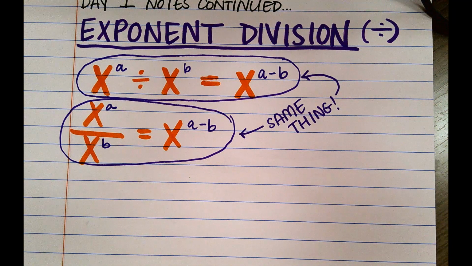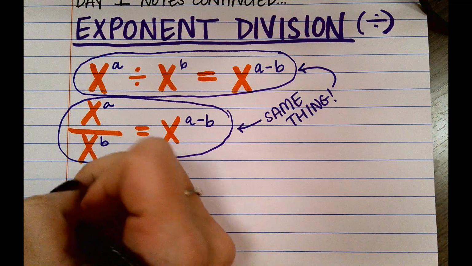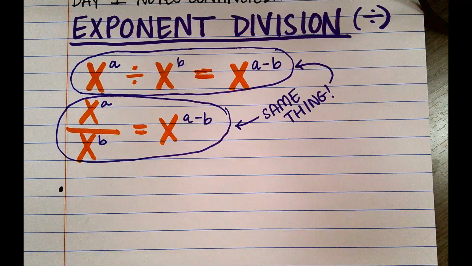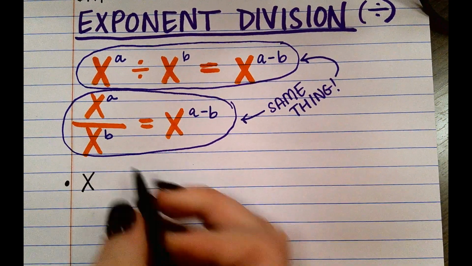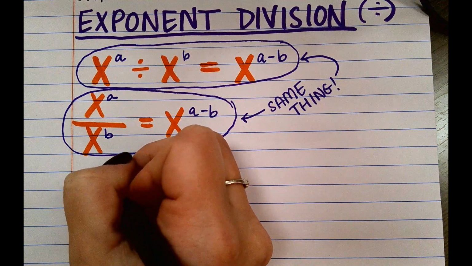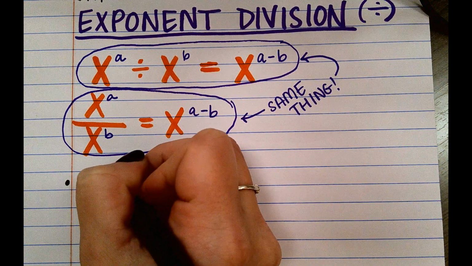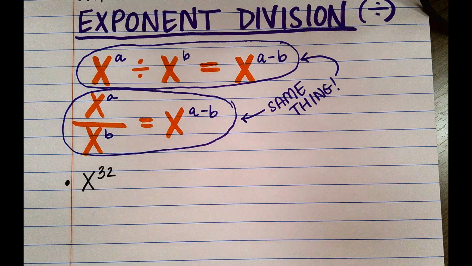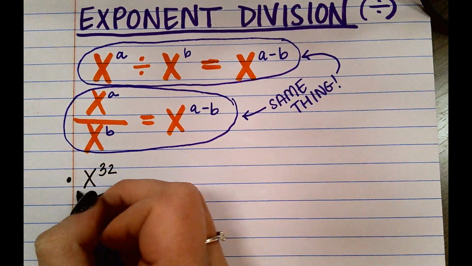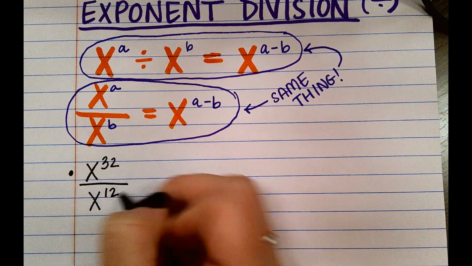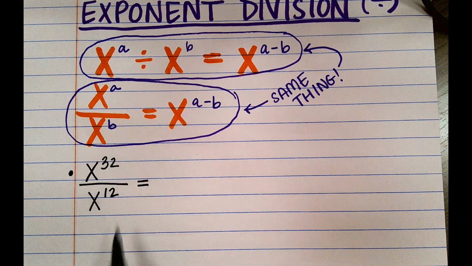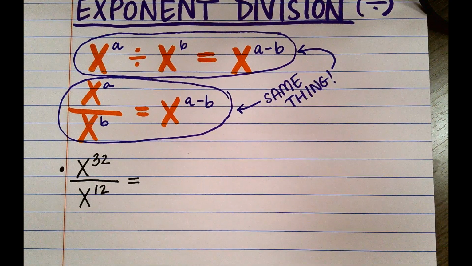And I'm going to start with something like this. Let's say I have x to the 32nd power divided by x to the 12th power. Now don't say it out loud. If you have your answer, don't say it out loud.